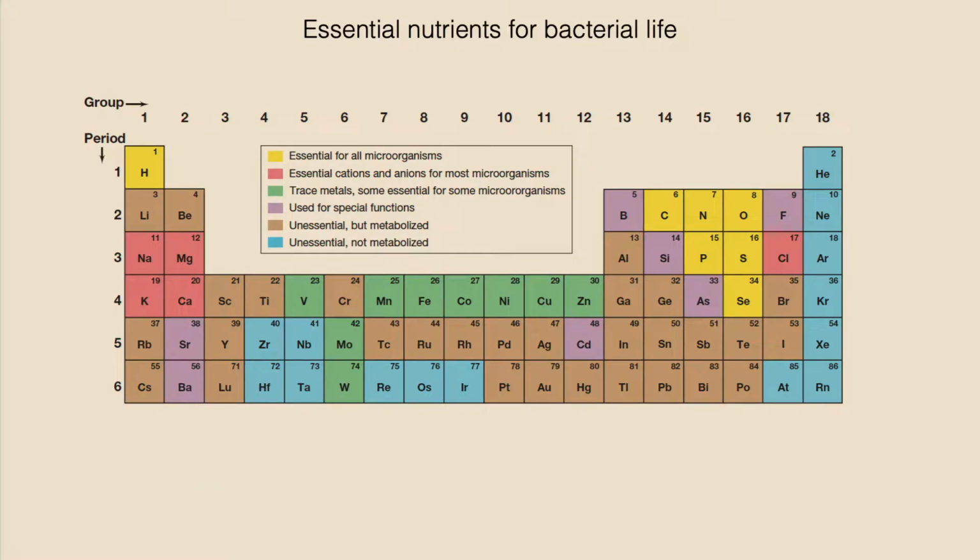Nitrogen, we said, is 13% of the cell content in dry weight, and it can be supplied not just as ammonia, but also as nitrate. There are a lot of bugs that can use nitrate as a source of nitrogen. Fewer bugs can use nitrites, and even fewer can use N2 directly. These are the nitrogen fixers.